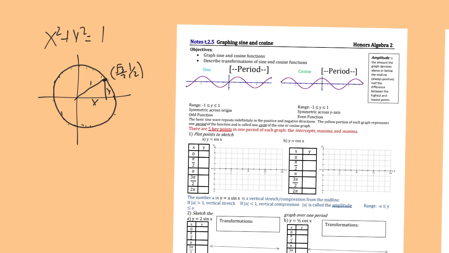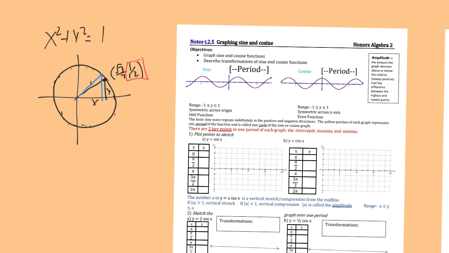If you look at this a little more carefully, the value for sine is the y-coordinate. And so notice as you increase the angle, the value of sine gets a little bit bigger as you increase the angle it makes with the x-axis.